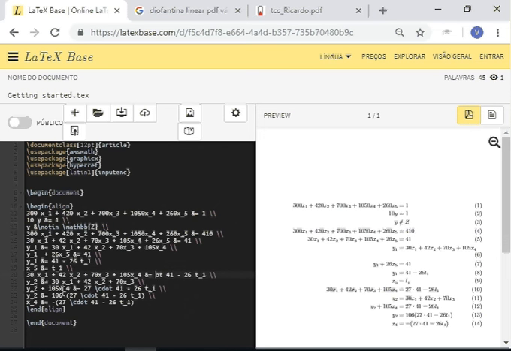Rewriting 41 minus 26t1. Rewriting 1 minus 0 equals 1.